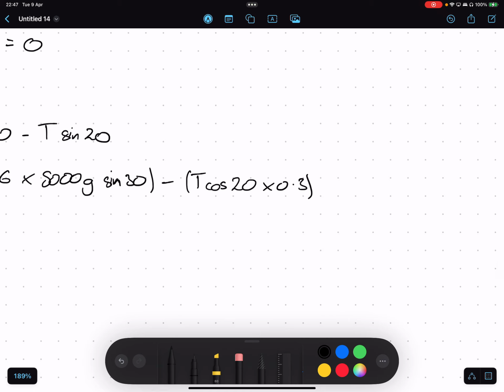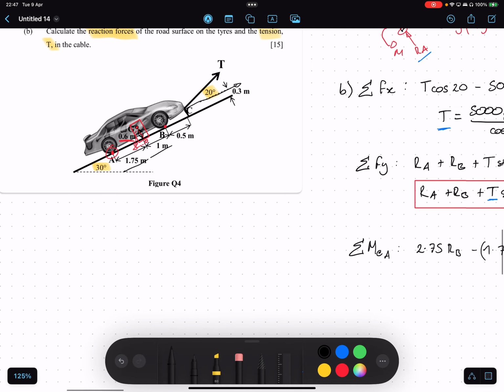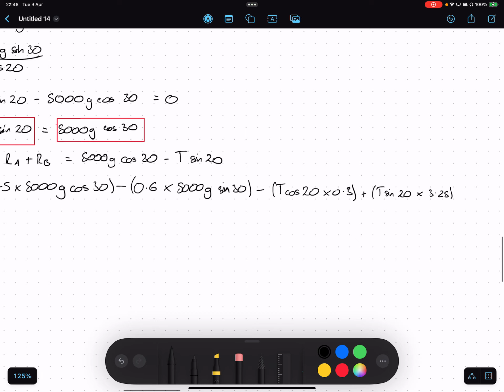And to that we're going to add brackets T sine 20 times 3.25, which is our total distance of this structure here. I think actually this should be a plus.